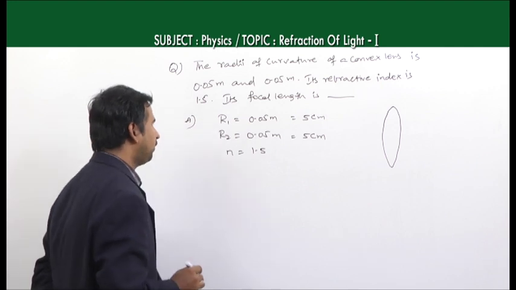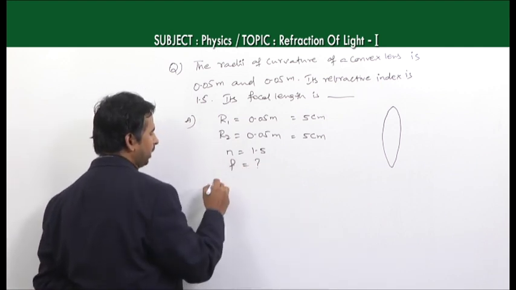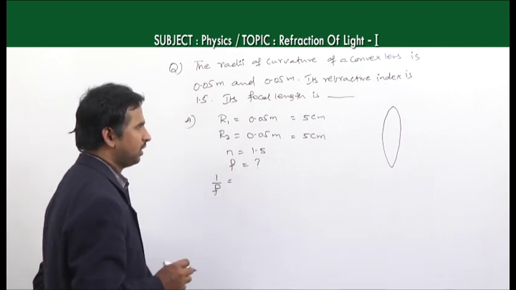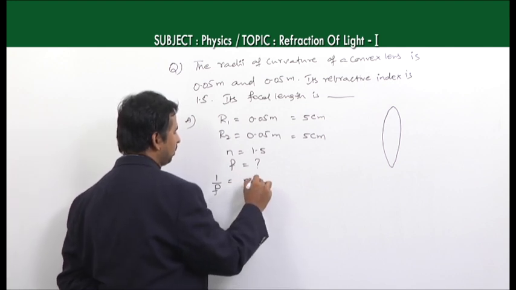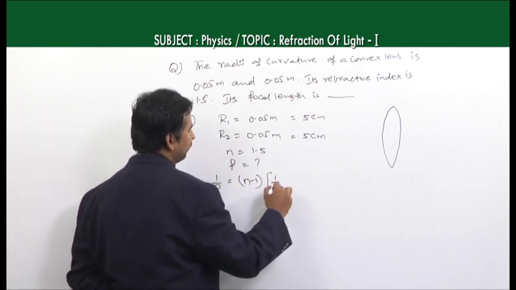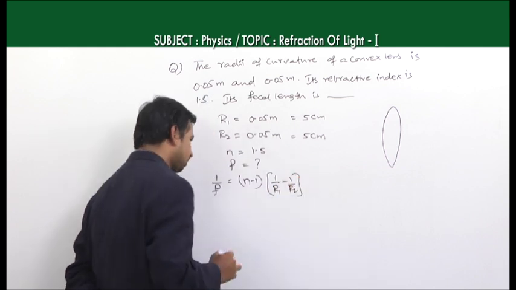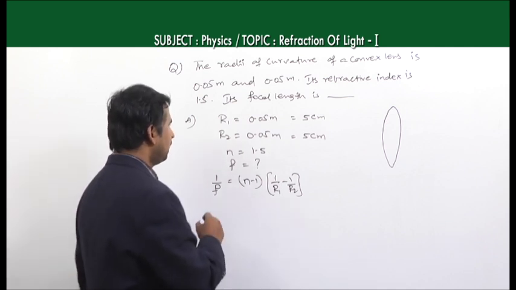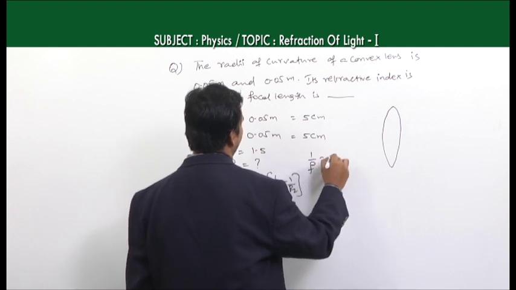Then we have to find the focal length, and we know the focal length formula, if two radii of curvature are given for the double convex lens: 1 by f is equal to n minus 1 of 1 by R1 minus 1 by R2. The n value is the refractive index, which is 1.5.